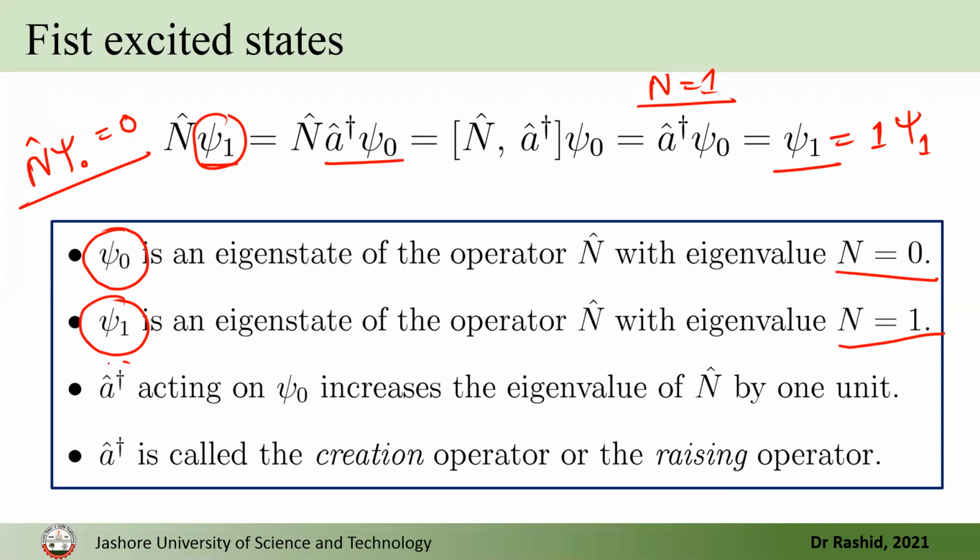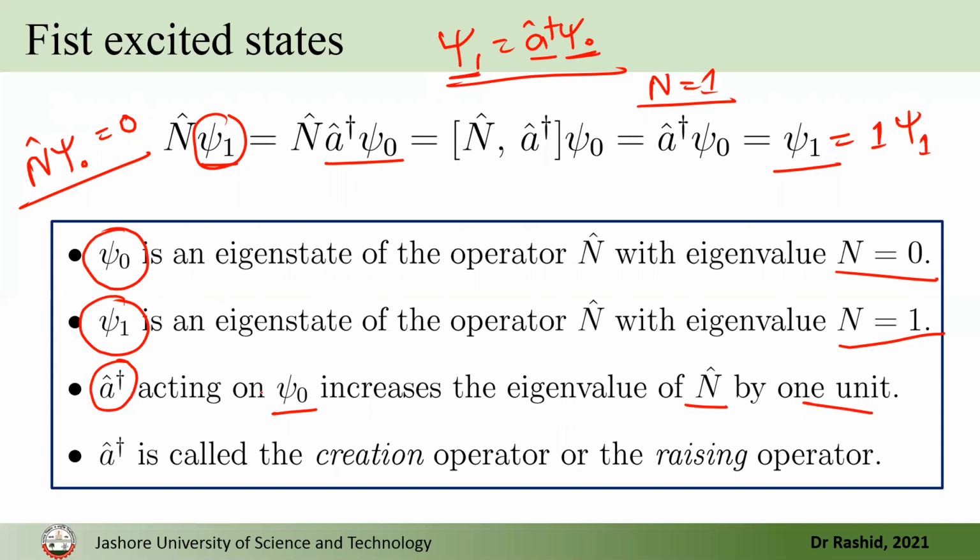When the rising operator acts on the ground state wave function, it increases the eigenvalue by 1 unit, because this is psi 1, and we achieved psi 1 by acting the rising operator on psi 0. The number operator for this wave function gives 0, for this wave function gives 1. That means the rising operator increases the eigenvalue of the number operator by 1 unit.